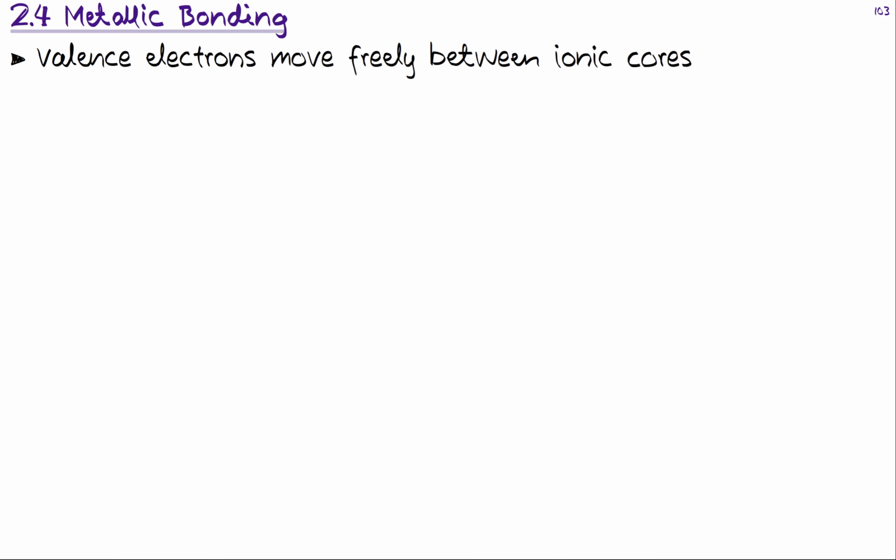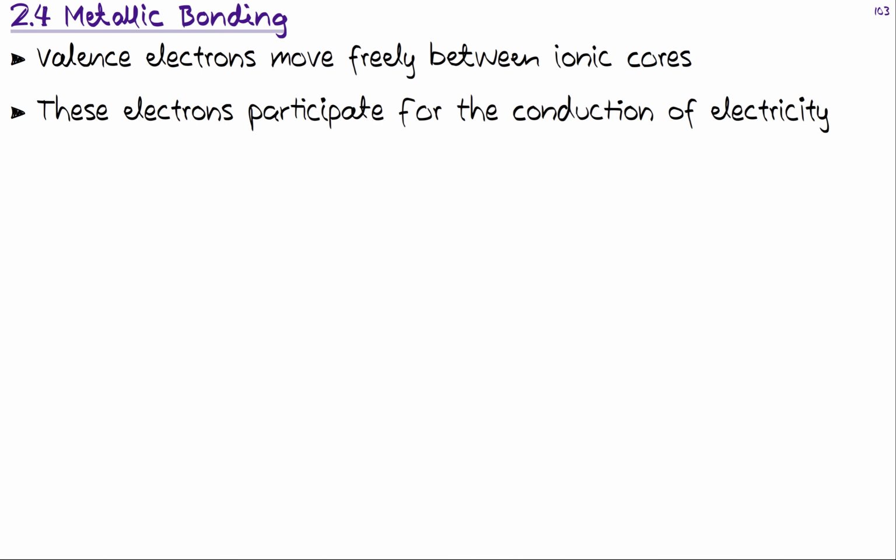For example, they participate in the thermal conductivity and the electrical conductivity of metals, and so forth. Because it is these valence electrons that participate in the conduction of electricity, they are subsequently called conduction electrons. This is a term you should remember if you haven't already.